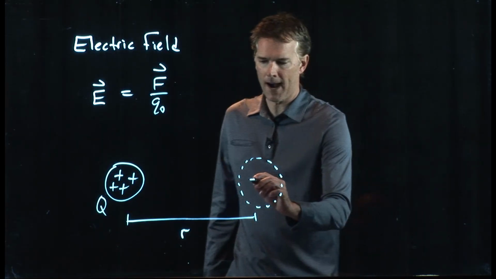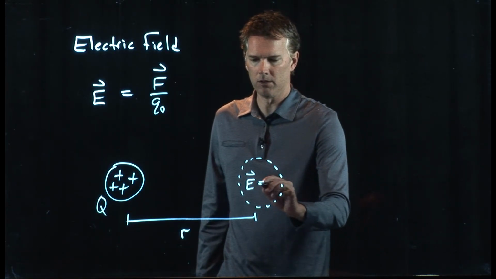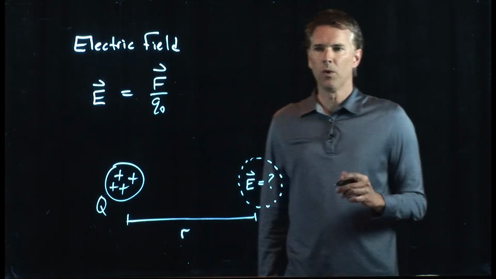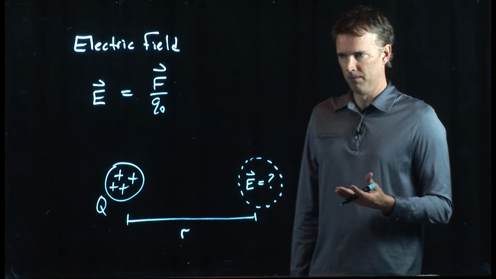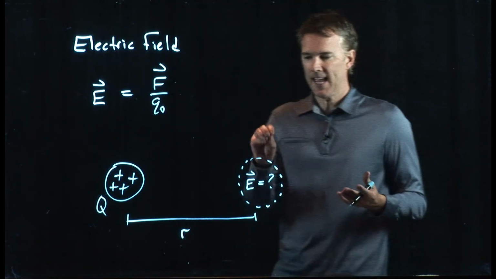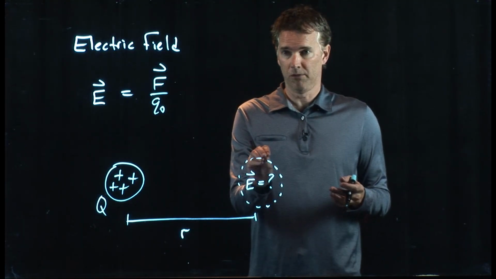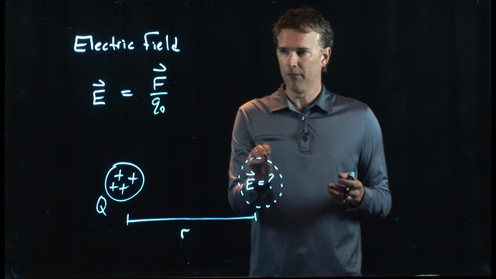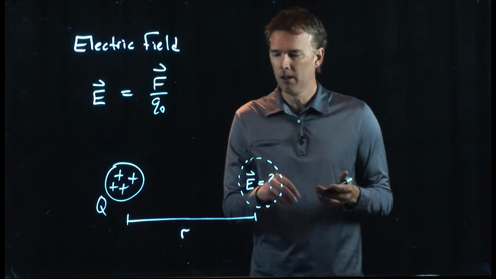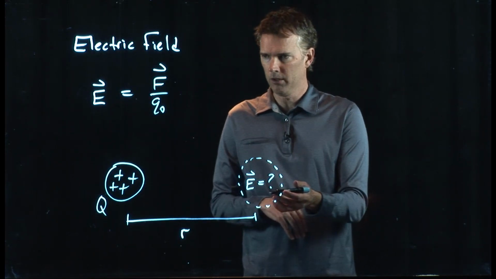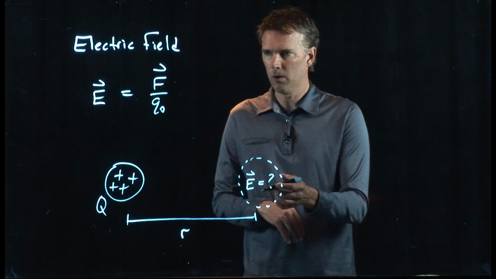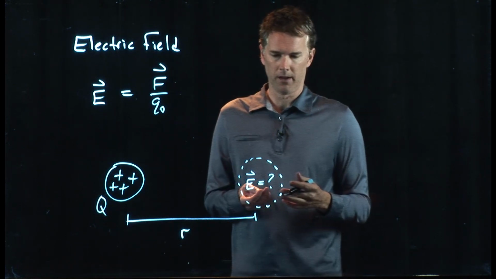What can we say about the electric field in this region? And what do we even mean by electric field? What we mean is, if I put a test particle there, would it experience a force? And if the answer is yes, then there is an electric field there. If the answer is no, then there's zero electric field there.